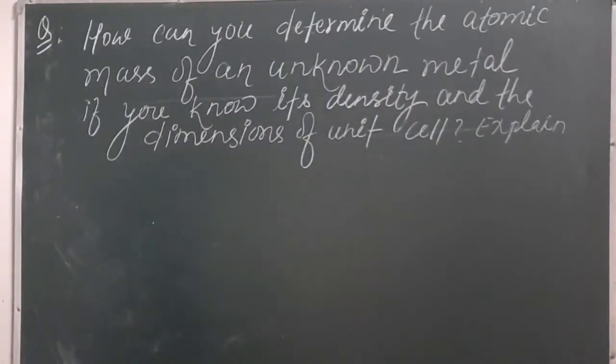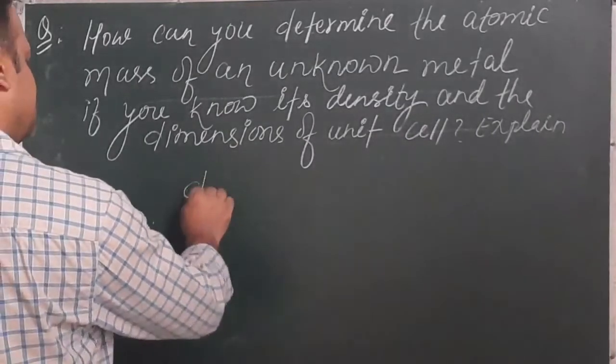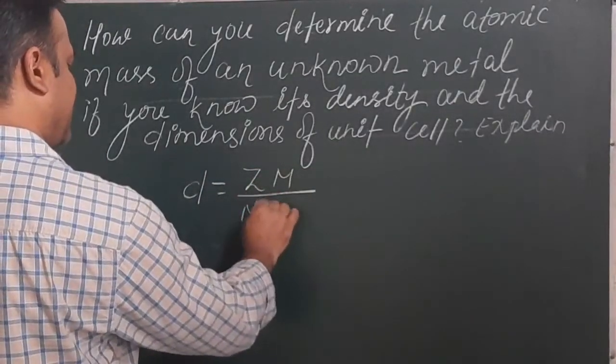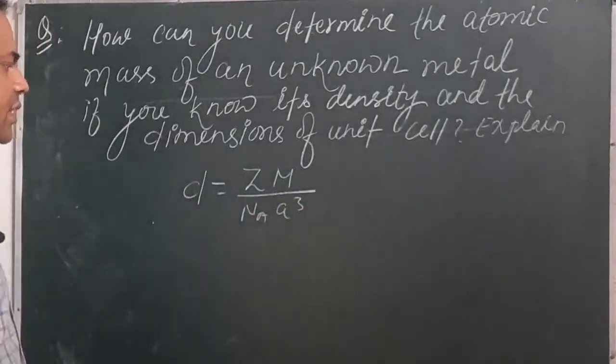Next question is, how can you determine the atomic mass of an unknown metal if you know its density and the dimensions of the unit cell? Explain. So in the formula we know that D is equals to ZM divided by Na into a cube. Dimension means edge length.